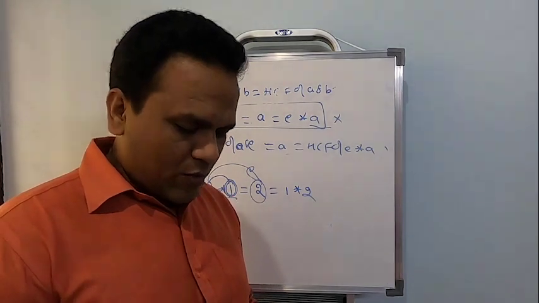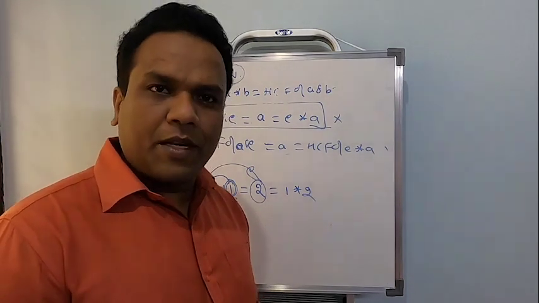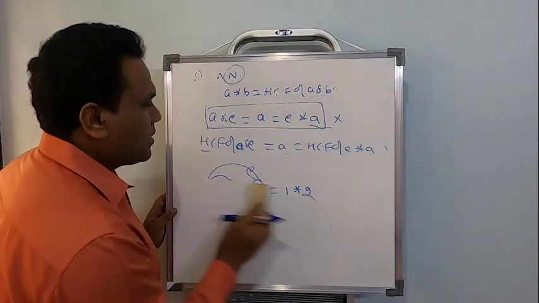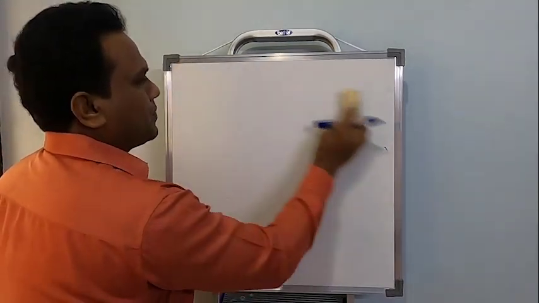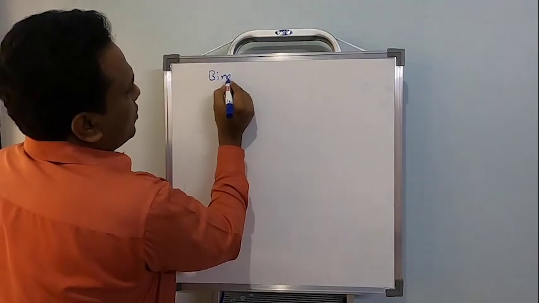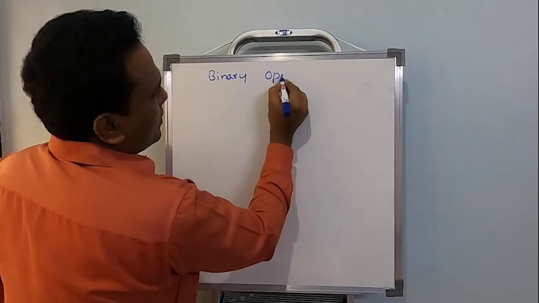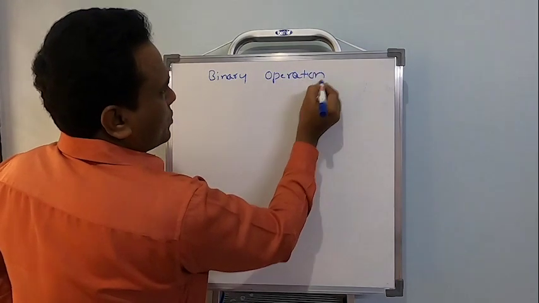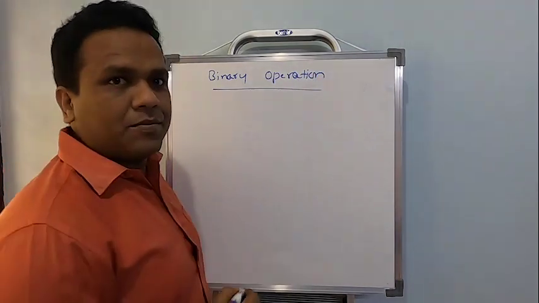Okay, let us quickly go through whatever we have done in the previous class. In the previous class, what we started was something called binary operation. So what is a binary operation?